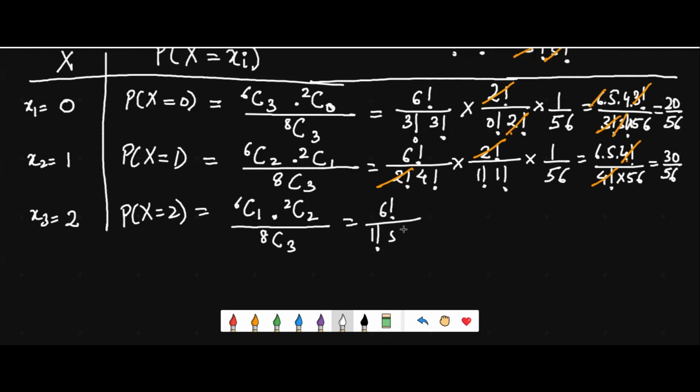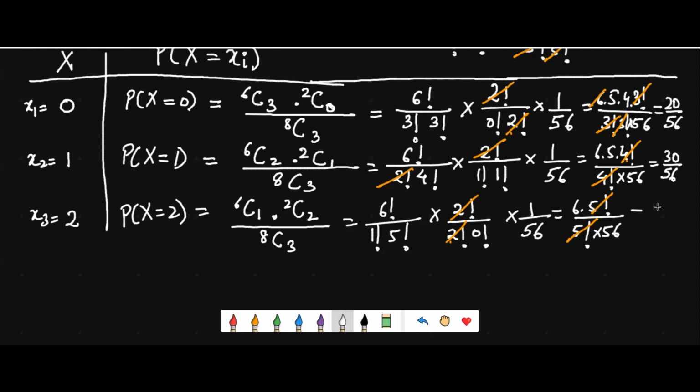Upon 1 factorial, 6 minus 1 is 5. 2 factorial upon 2 factorial, 2 minus 2 is 0 factorial. 0 factorial is not 0, but 0 factorial is 1 only. So we will get this as 6 into 5. So this gets cancelled and we are left with 6 upon 56. So this is the distribution table.